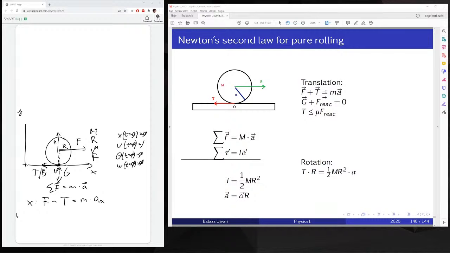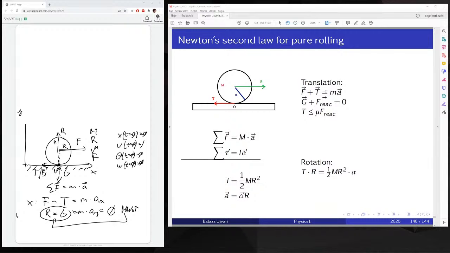Oh, by the way, the positive direction is for the reaction force. Reaction force minus the weight equals m a_y. But we know, since this is a solid surface, this F force won't lift the body, and this body also can't go into the surface, so that must be 0. That means these two forces have to be the same, only the direction is opposite. So we can technically forget this part.